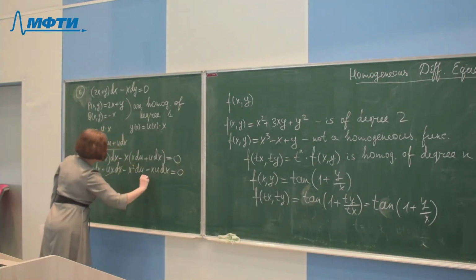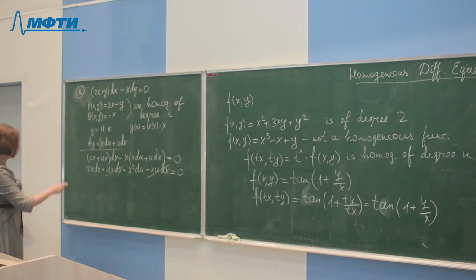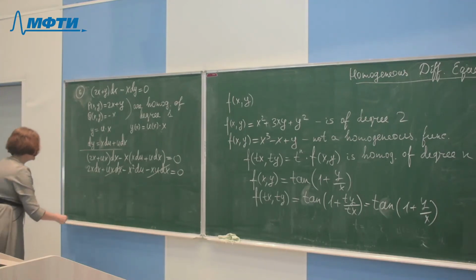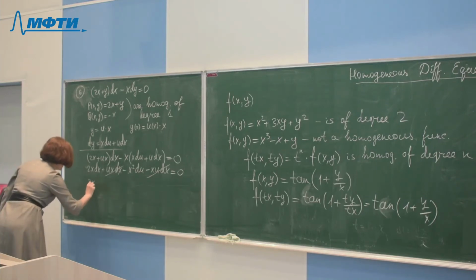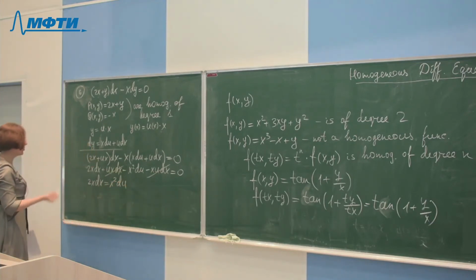Then we can cancel out these terms, and we get the following equation: 2x dx equals x squared du, where u is a function of x. We can see that the variables can be separated.